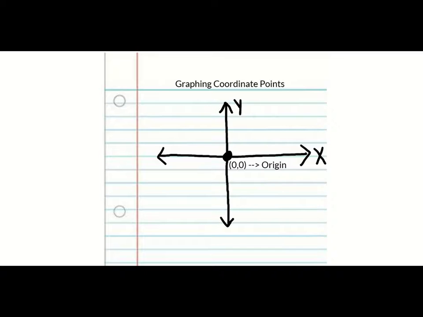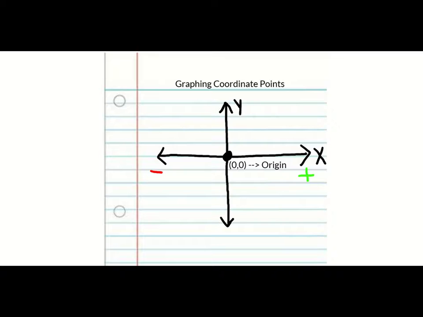Now we won't always be graphing points that have zeros in them, so it's important to understand where we're going to graph different numbers, whether they're positive or negative. To the right of the origin on the horizontal axis, those are positive x values, whereas to the left of the origin on the x-axis, those are negative x values.